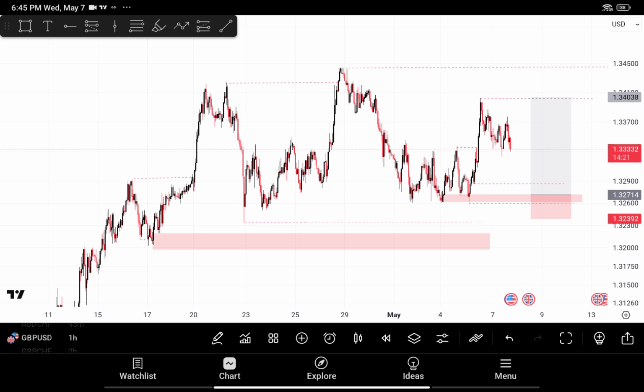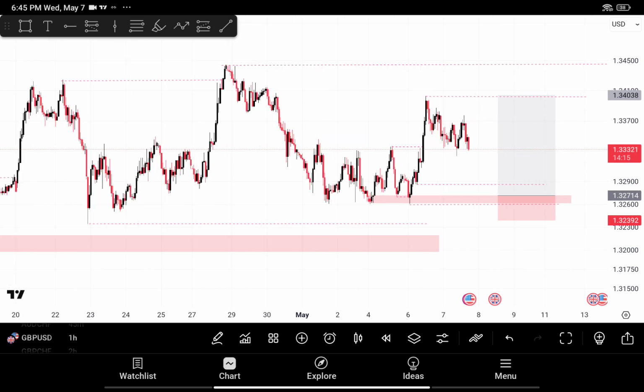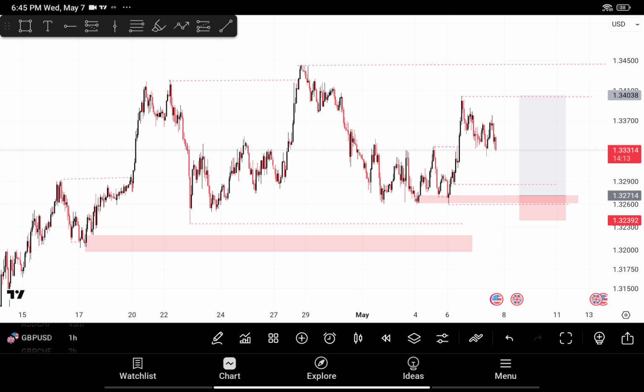After doing all of this, for example, this is my analysis on GBPUSD, and I'm waiting patiently for price to get into this zone and I will buy. It doesn't really matter even if I make a loss.